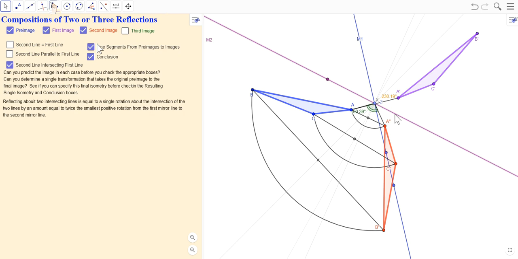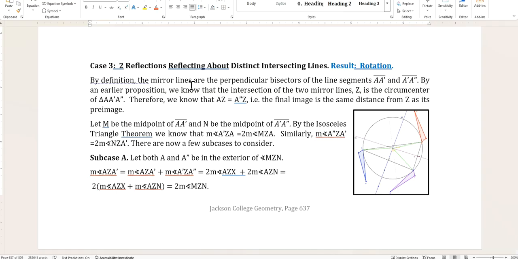By definition, mirror lines are perpendicular bisectors of line segments A to A prime, and A prime to A double prime. As well, by an earlier proposition, we know the intersection of the two mirror lines is the circumcenter of triangle A, A prime, A double prime, by the perpendicular bisector theorem. So we know that the distance from A to Z is the same as the distance from A prime to Z, and the same as A double prime to Z. So the final image is the same distance from Z as its pre-image.